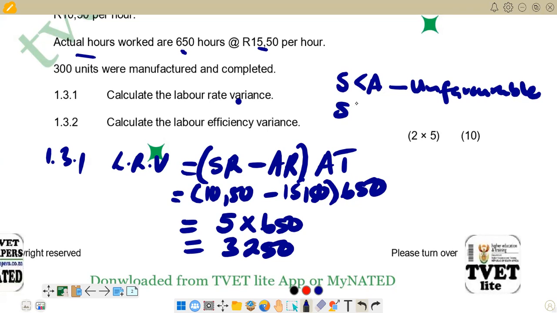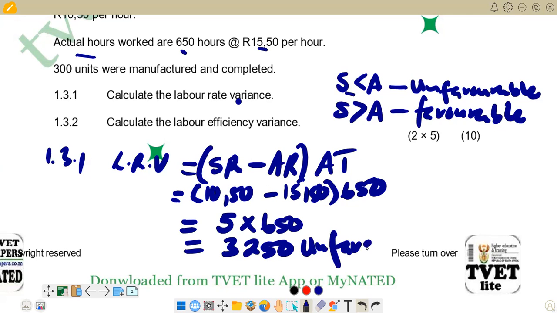But if standard is greater than actual, it represents a favorable one. In this instance, standard is 10.50 and actual is 15.50. So standard is less than actual, so it's unfavorable. That's what we have for the first part, labor rate variance.